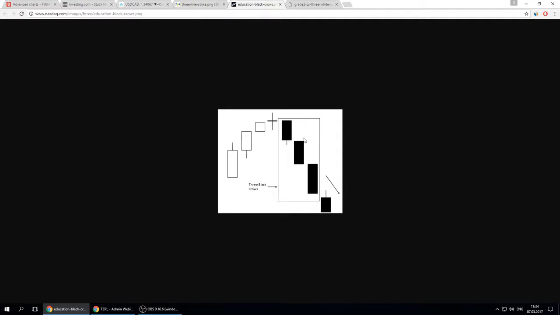So pay attention. Firstly, only when they appear in an uptrend, only when they don't have a long upper or lower shadow, and when the next candle starts within the limits of the previous one, that's better.